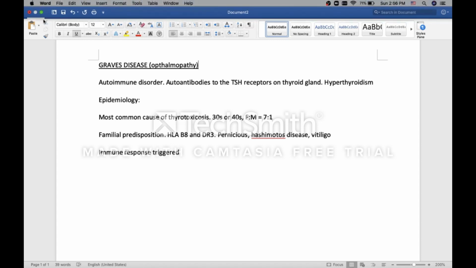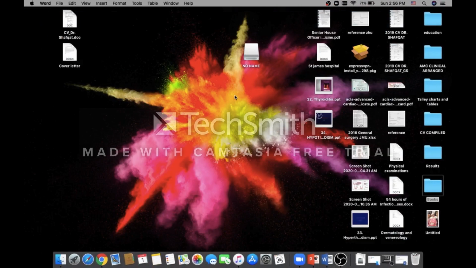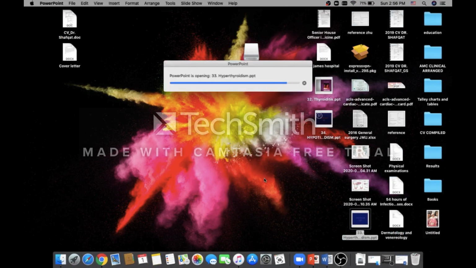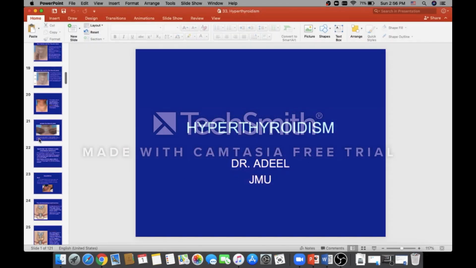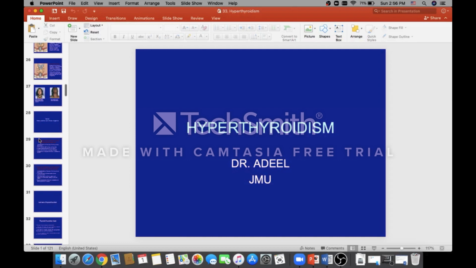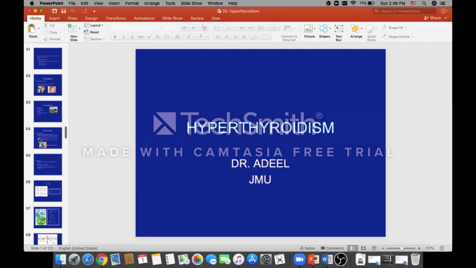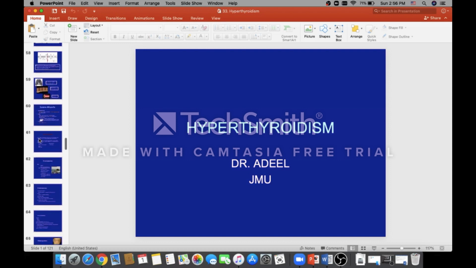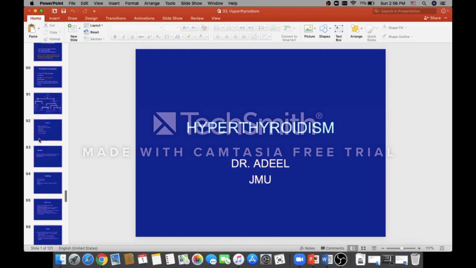I can show you one photograph over here, in the slide of hyperthyroidism. If you can see over here how Graves' disease people look and how their eyes look.